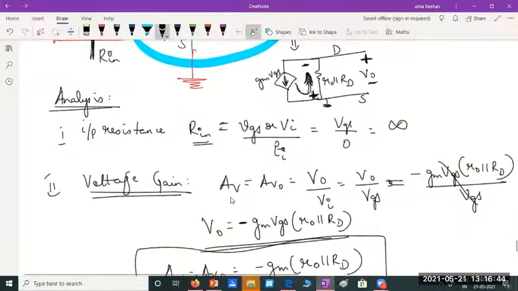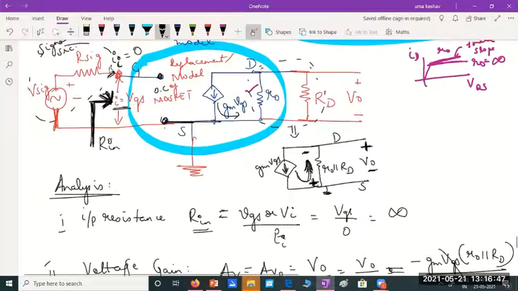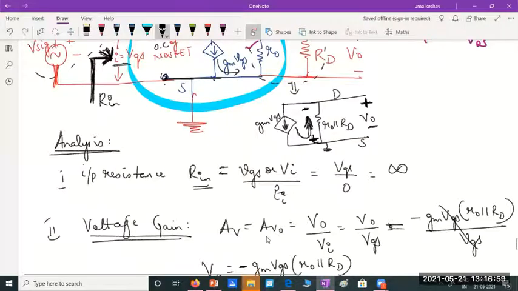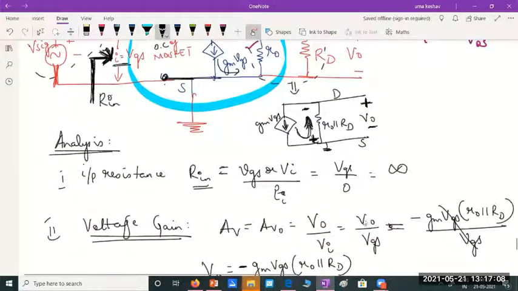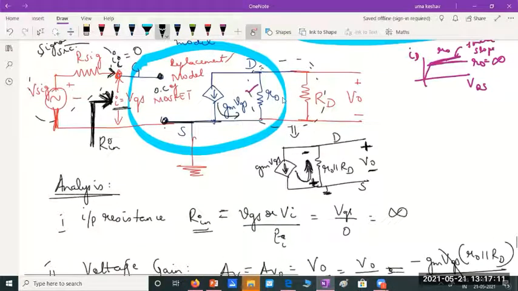So we have just considered the input voltage at the input side of the amplifier and the output voltage V0. So the ratio of V0 to Vi will give you the voltage gain AV or AVO. Because there is no load resistance, AV and AVO are the same here. To find output voltage, I have just considered the parallel combination of these two, and I have shown the current flowing through this will be in the opposite direction.